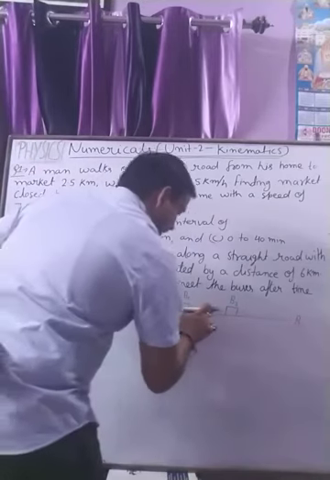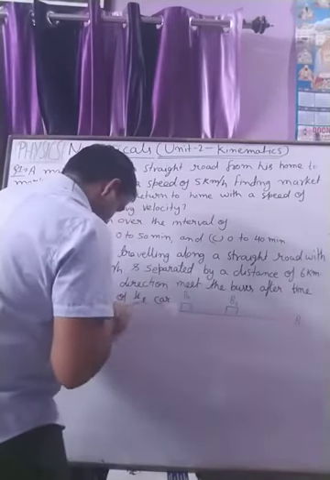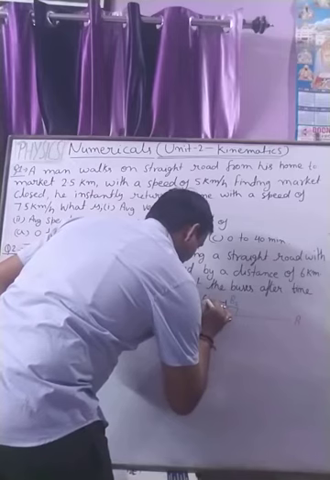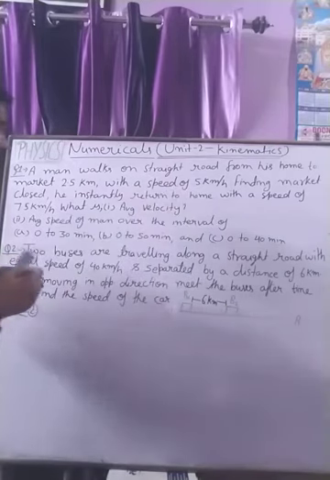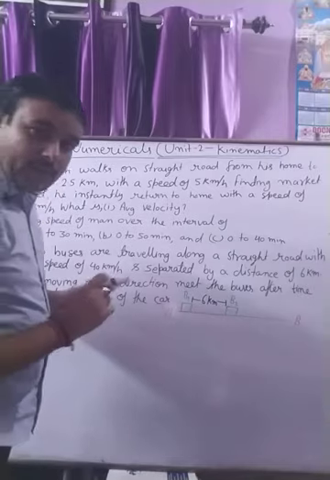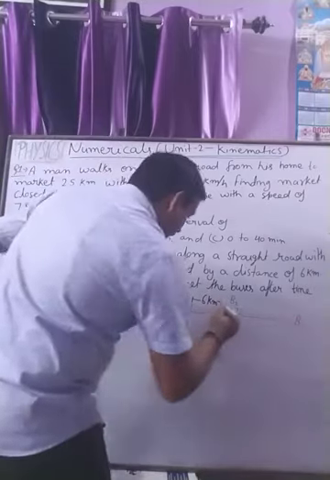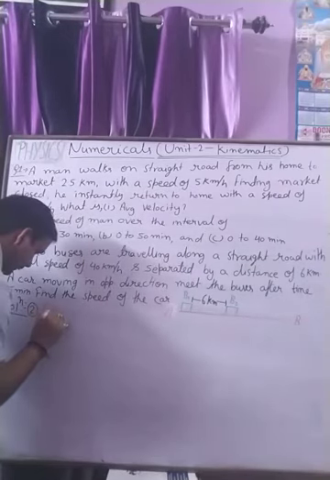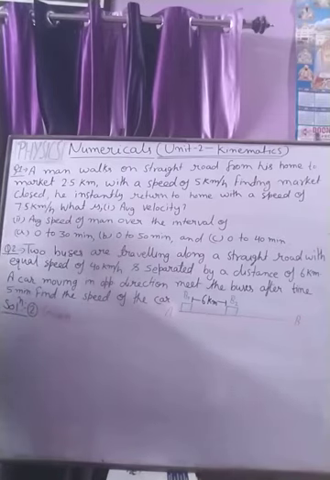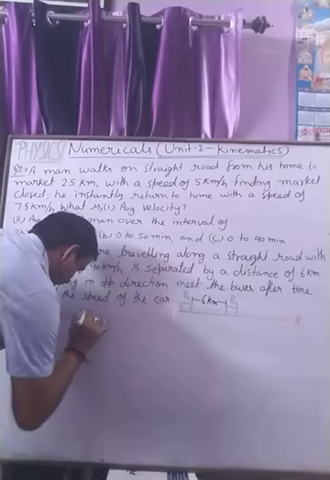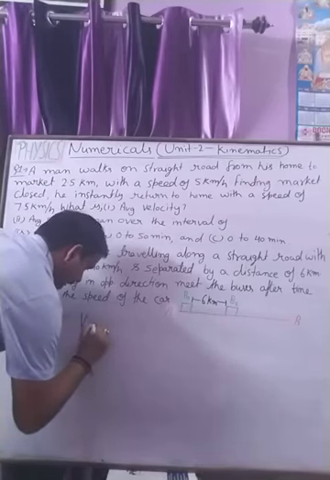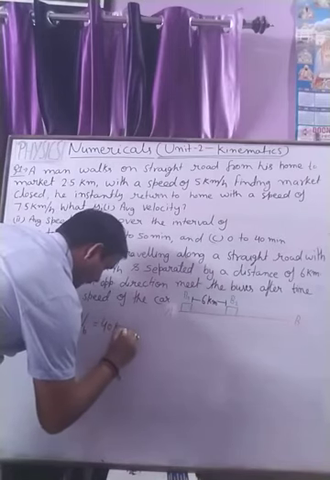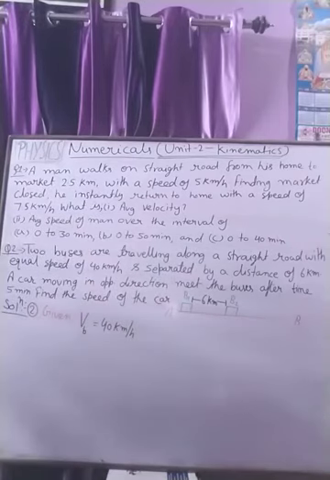It is given that the distance between the two buses is 6 kilometers. This is the distance between the two buses, and both the buses move with a speed, we say VB, equal to 40 kilometers per hour.